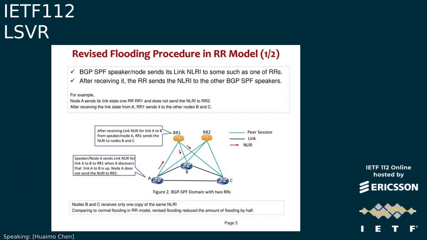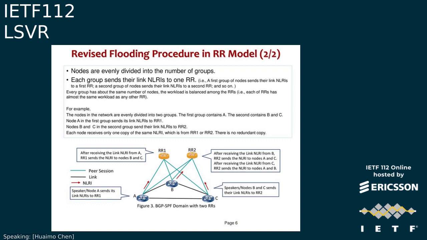For example, node A will send its link states to only one route reflector, RR1. Then RR1, after receiving the link states from node A, will send that link state to B and C. So we can see that nodes B and C receive only one copy, and we don't have redundant copies of the same link states. Compared to the normal flooding procedure, we reduce the amount of flooding by half. Next page.